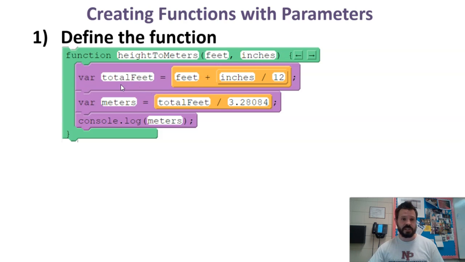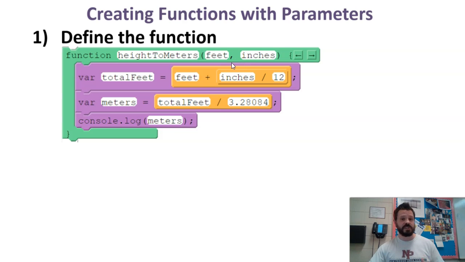I'll do some math here: totalFeet equals feet plus inches divided by 12, basically converting my inches to feet. And meters is equal to totalFeet divided by 3.28084, which is just my conversion factor. Then this function is going to log the meters. So I define my function utilizing these parameters.